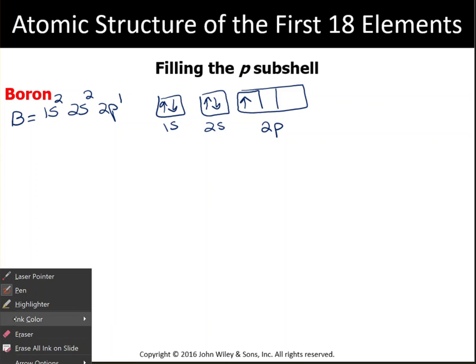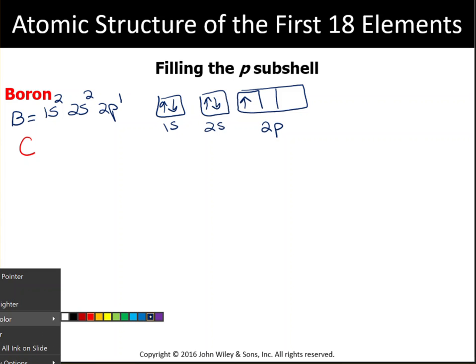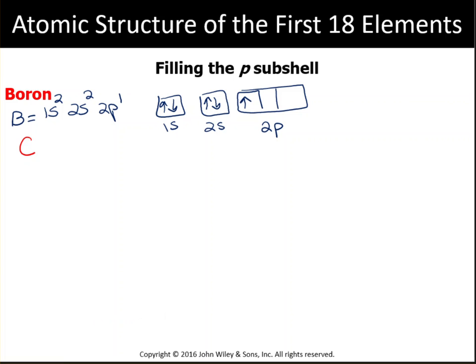So for carbon, carbon has 6 electrons, so the electron configuration is 1s2, 2s2, 2p2.